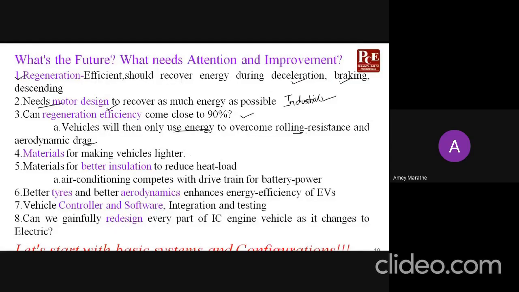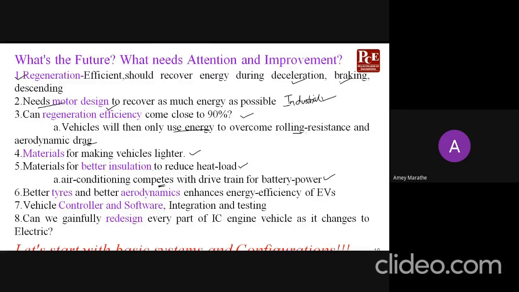Then we require materials to make the vehicle lighter, because your electric vehicles are very heavy because of battery packs. We will require material with better insulation to reduce the heat loads, because when we talk about the AC, it competes with your drivetrain for battery power.